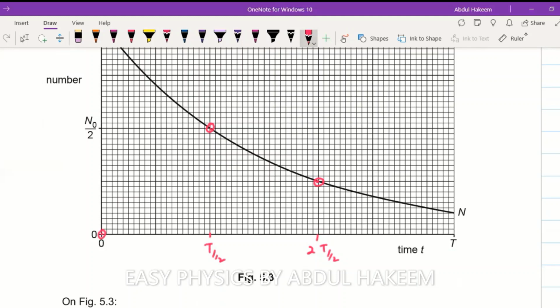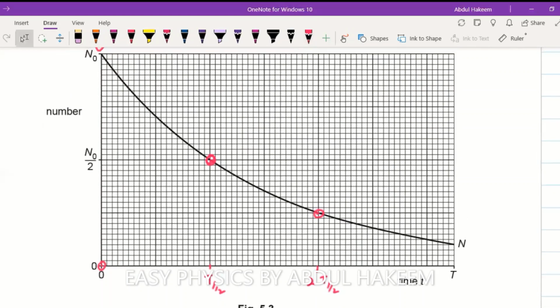After one half-life it becomes half, and after the second half-life it becomes this number. The parent is decreasing while the daughter is increasing, and after the full time it reaches 1, 2, 3, 4, so this is the point. So this is the graph for the daughter nuclei.